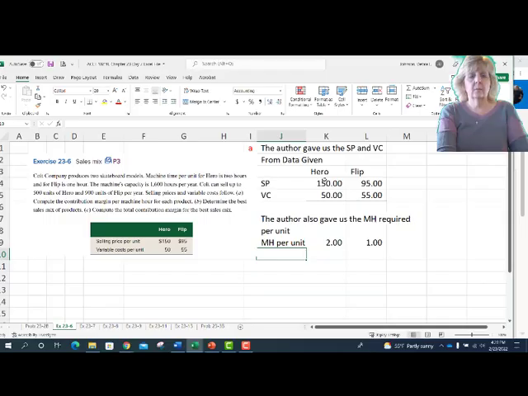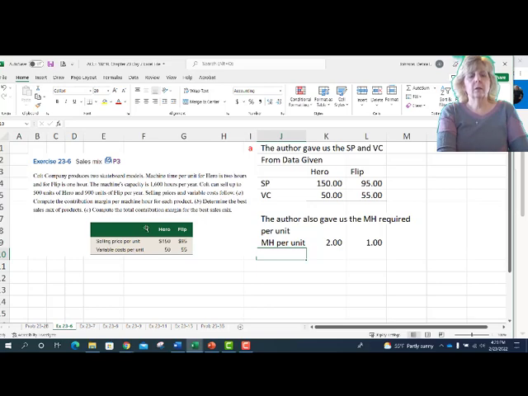It gave us the selling price, it gave us the variable cost, and they wanted us to do 3 things. They wanted us to compute the contribution margin. Notice this says per machine hour. That's the new part of this chapter. And they wanted us to determine the best sales mix. That's the goal of the second half of this chapter.